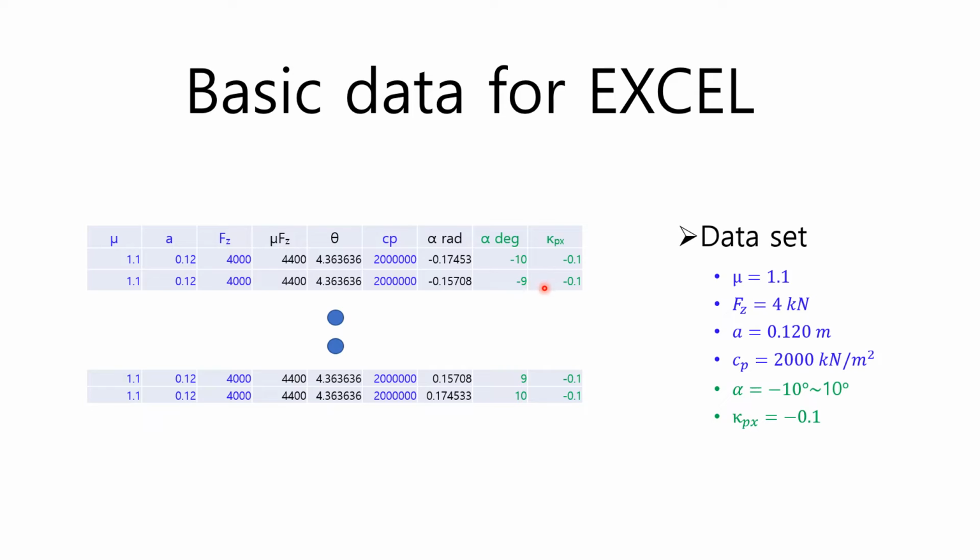The explanation here is a case where the longitudinal slip is constant at minus 0.1, but the desired data you want to get can be obtained by replacing the necessary values for alpha degree and kappa px of the table. In the blue and green input cells of the Excel sheet, the raw data in the dataset can be entered directly without the calculation.